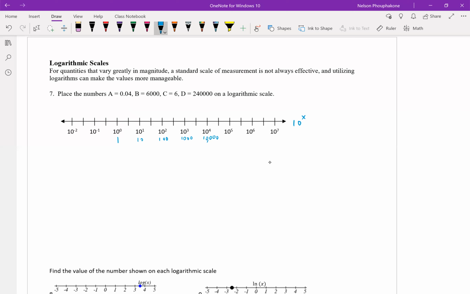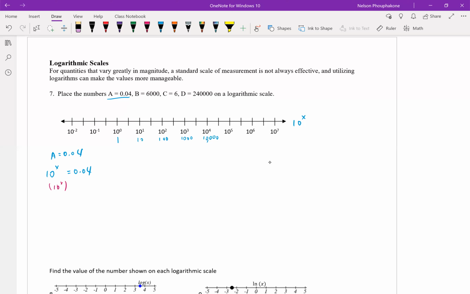Now, for example, the first one is if I want to place A on this scale, and A is equal to 0.04. How do I place it on this scale? I can set up 10 to the x equal to 0.04, and figure out what the x value is. To solve for the unknown exponent, the easy way is to take the log.